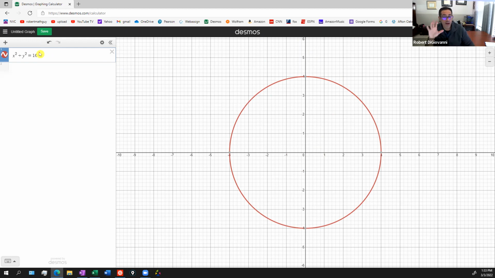So think about what we've been doing in this class. We've been finding the slopes of tangent lines, right? So right now, let's say I give you a value of x. Let's say I give you that x is 2, okay? Do you all see that there's actually 2 points that correspond to that x value?